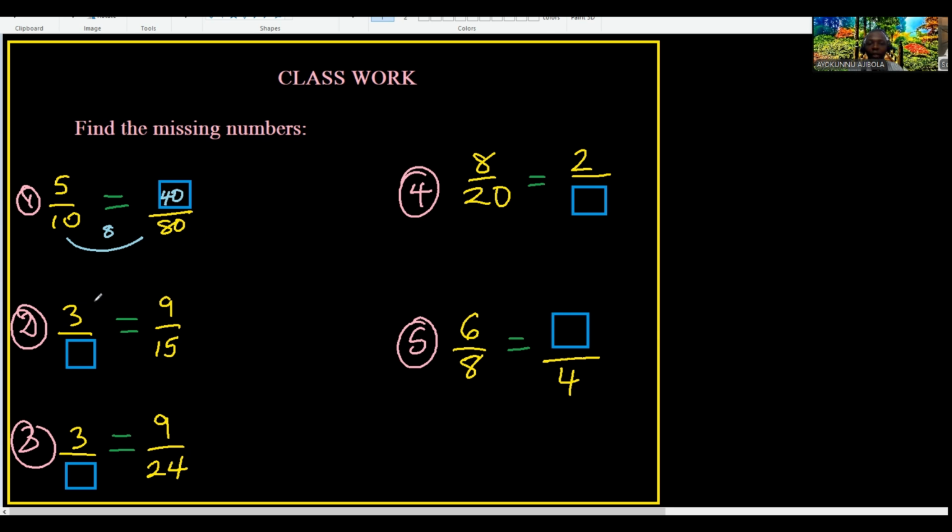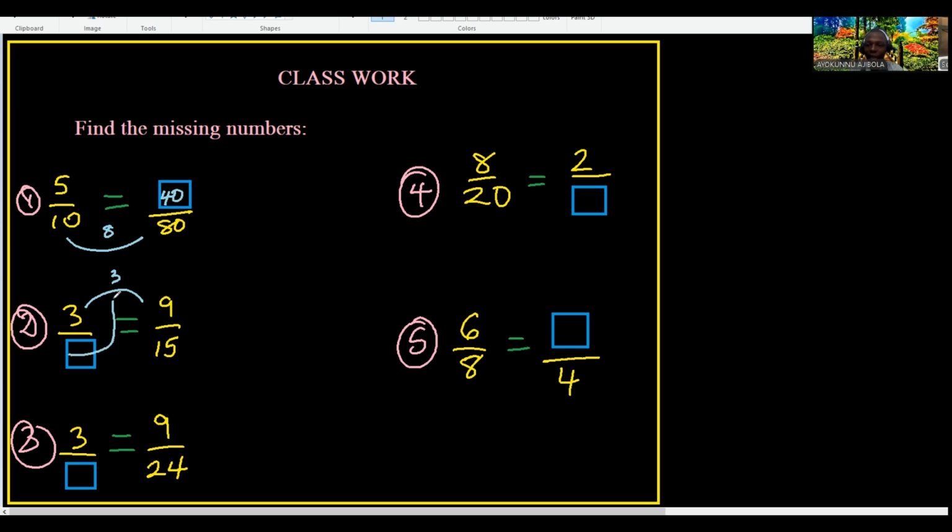Now in number two, we have the numerators, right? 3 times what will give me 9? 3. So what times 3 will give me 15? No, 3 times 3 is 9.